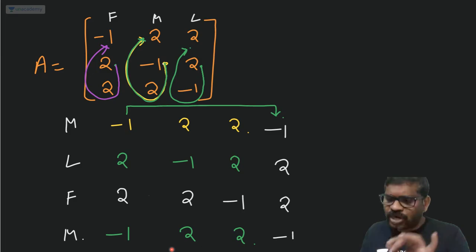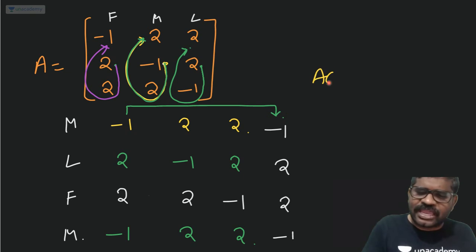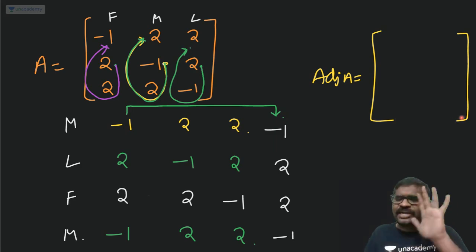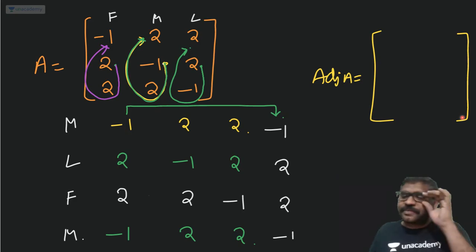Now what we have to do? The adjoint of A is given by, directly you can get the adjoint of A with the help of this arrangement. Observe. Concentrate here.